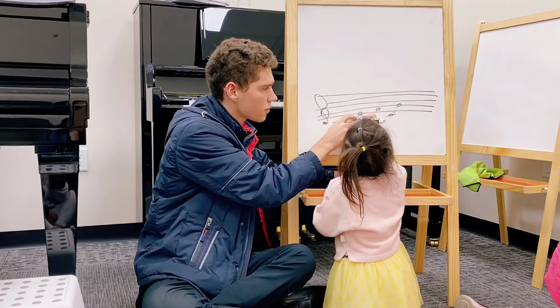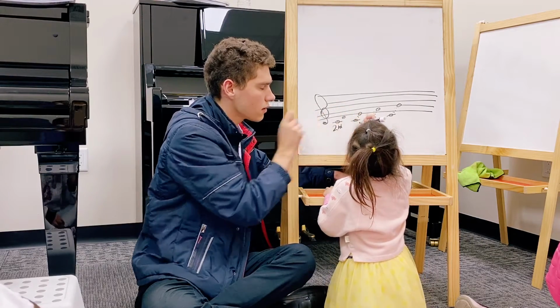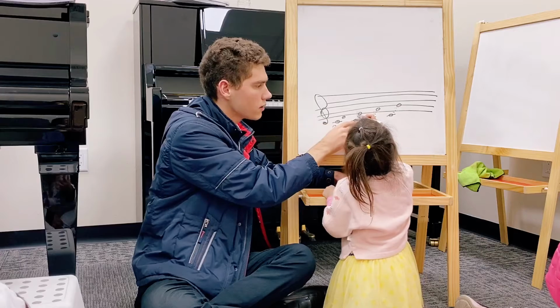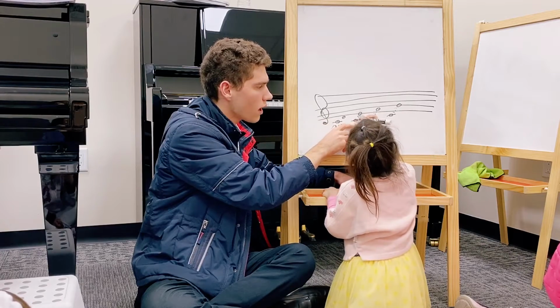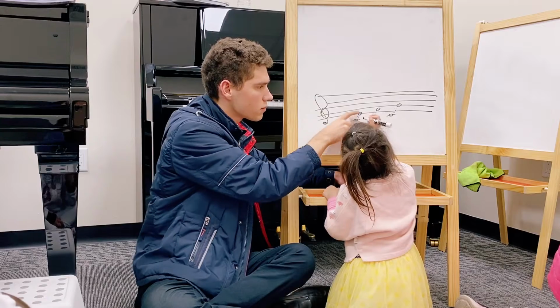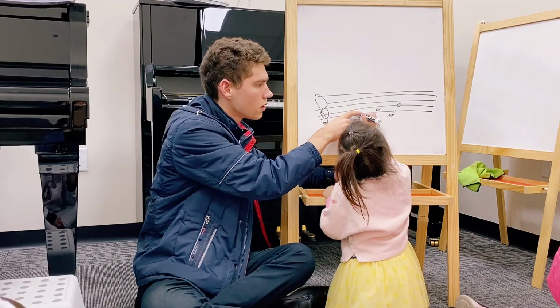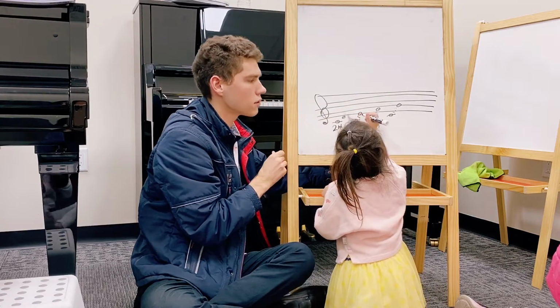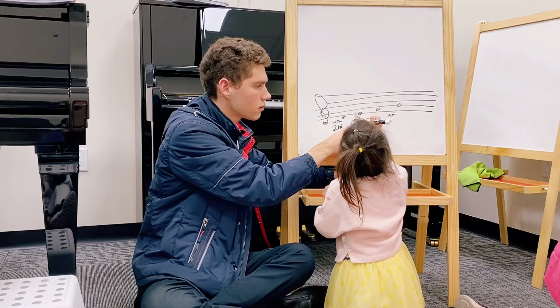Well, you missed the space. 1, then space, then the next note. So 1 on the note, 1 on the space, 2 in the space, and then on the line will be 3. Okay, so can you write down 3 right here?